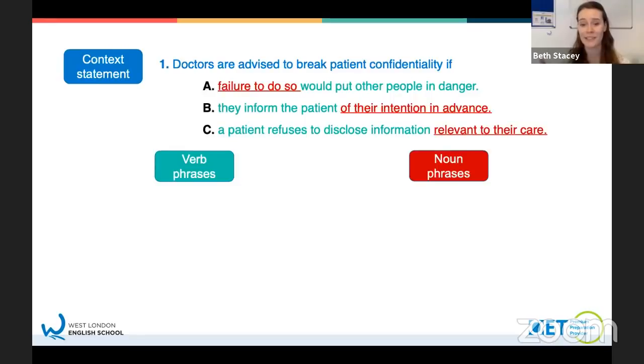So again, it's not any information, it's information relevant. So make sure that you go through each answer option and almost split it into the parts. Think, okay, the answer has to encompass all the words, everything in A, B, and C.